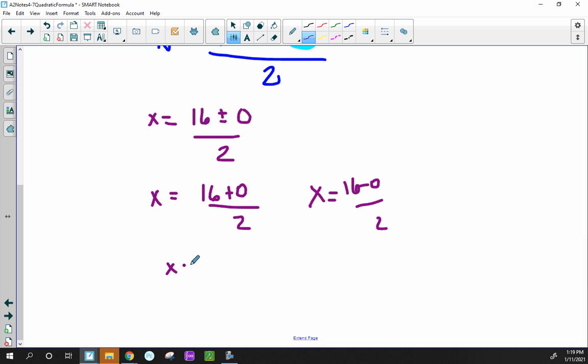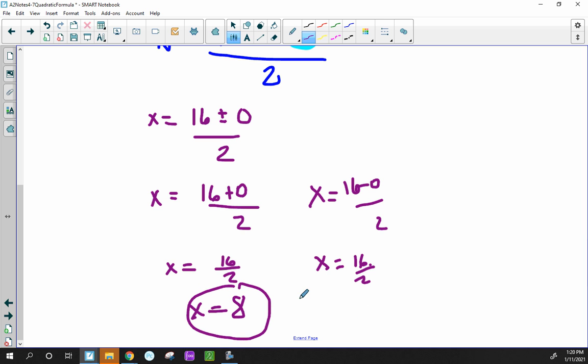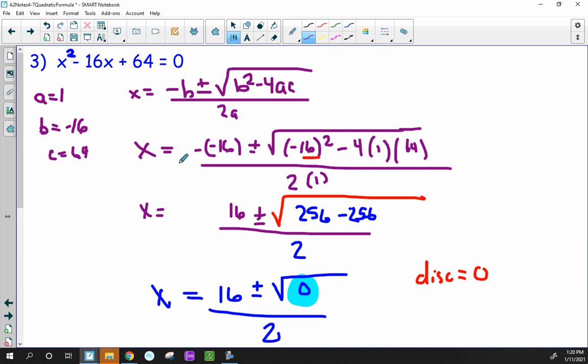Well, when I add 0 to 16 or subtract 0 from 16, I'm still getting the same value on top, obviously. And so, according to the notes, it's saying I only get one answer, and that's because when you simplify this, you're getting the same answer twice. And that does happen when the discriminant is 0. So you don't need to write it down twice. You can just write it once. There's my answer to that quadratic equation.